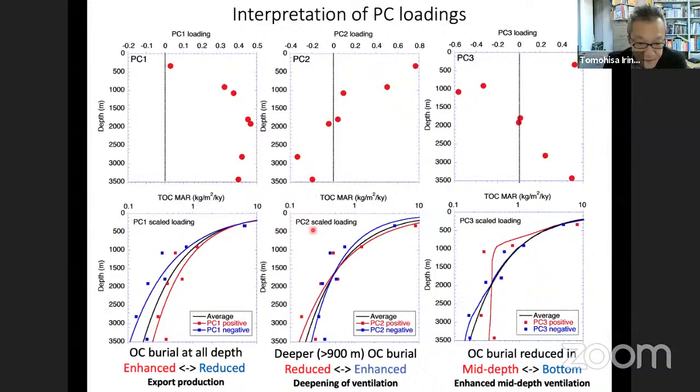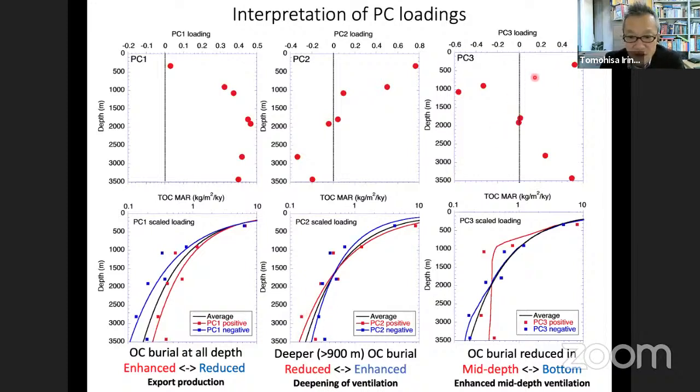So the average TOC flux depth distribution changes like the red one if the PC2 score is positive, and in the case of PC2 score negative, the profile changes like this, which suggests the ventilation depth was deepened if the PC2 score is positive. So deeper ventilation reduced the TOC flux at the deeper part of the basin.